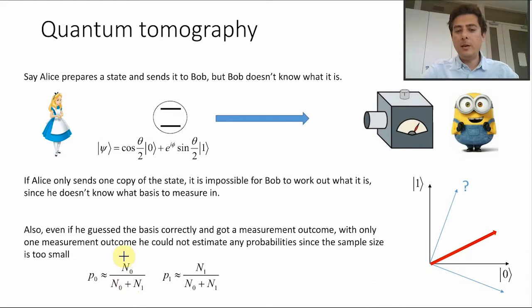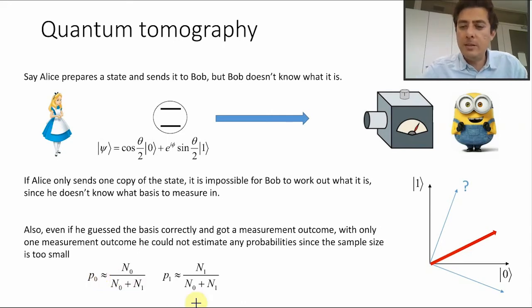So say it was outcome 0, then he gets one count in outcome 0, zero counts in outcome 1, and the total number of measurements was 1. So you can't really estimate probabilities based on that. He might have just been very lucky.